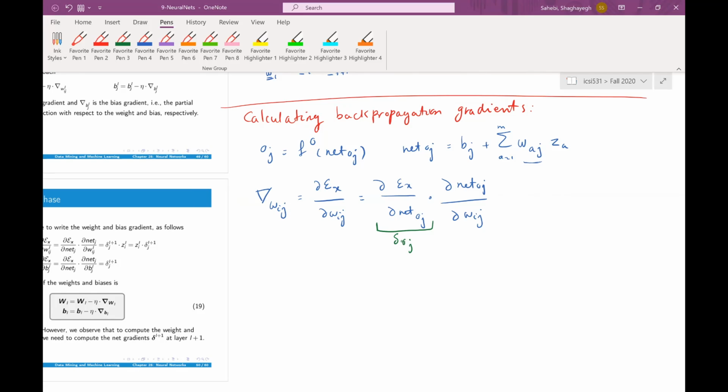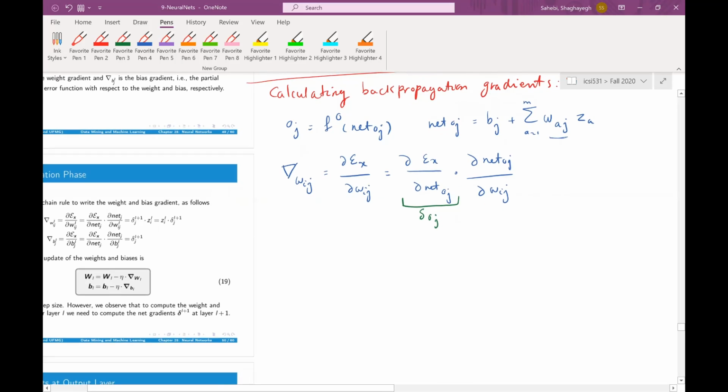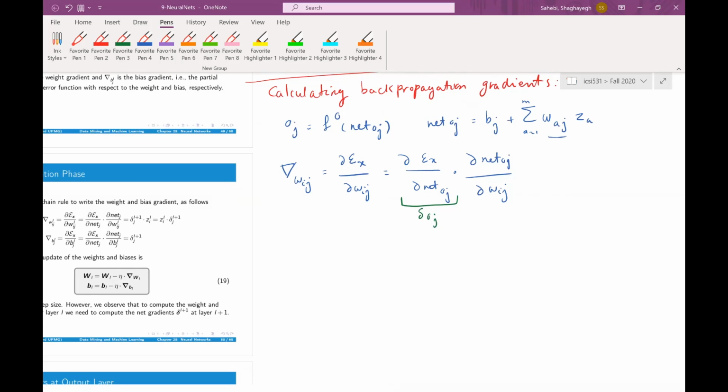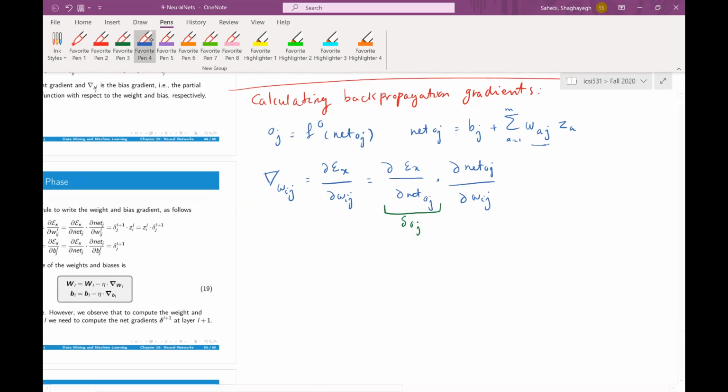The derivative of net OJ with respect to Wij is basically this one. It's the net OJ that we have there, right?